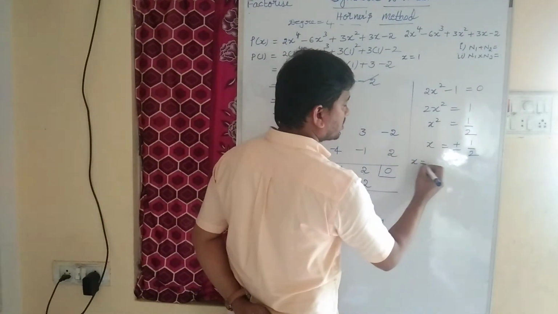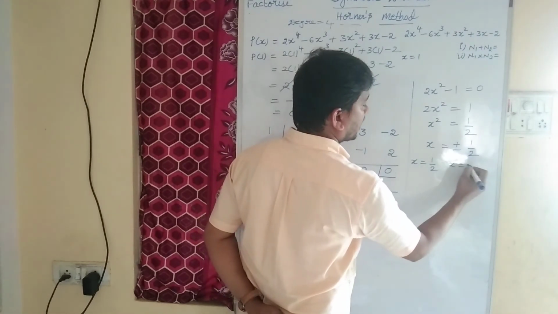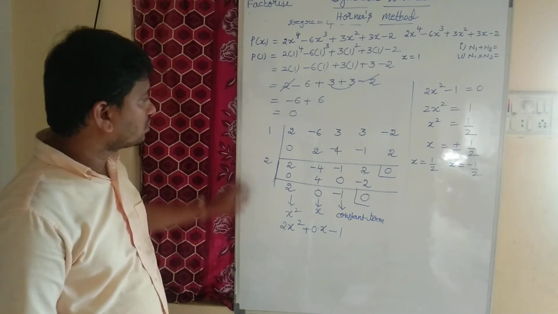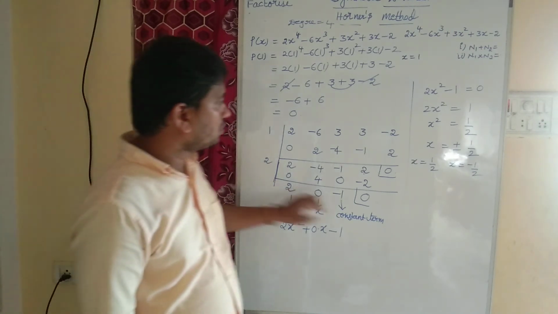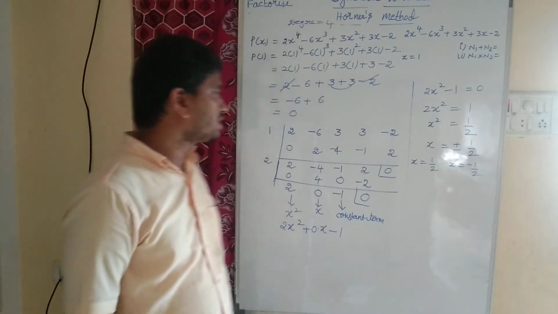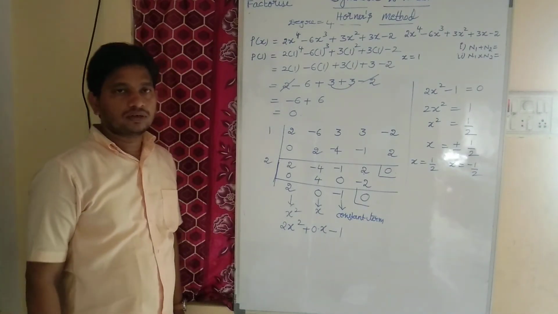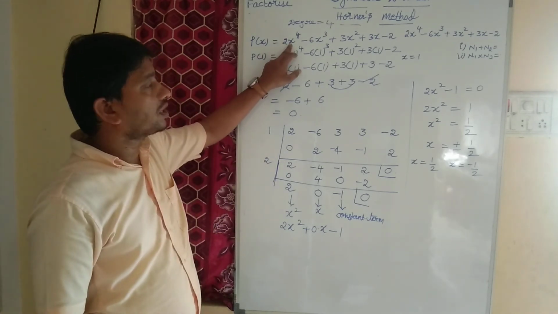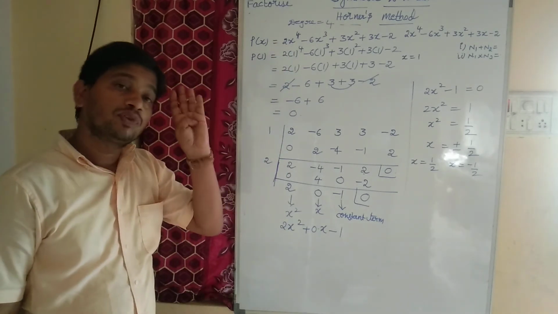I mean x is equal to root 1 by 2 and x is equal to another one, minus root 1 by 2. So we got the 4 zeros, that is 1, 2, 1 by root 2 and minus 1 by root 2. Got it, children? How to find the 4 zeros? Because it is a biquadratic polynomial, we will be getting 4 zeros.